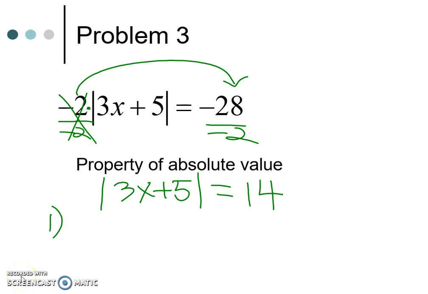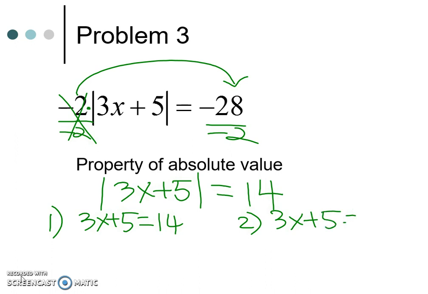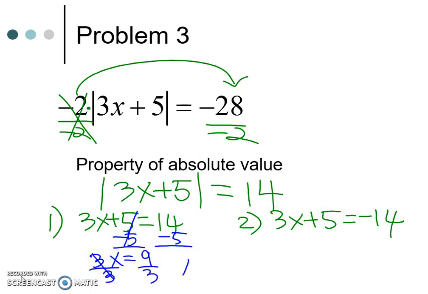So the first setup should be 3x plus 5 equals 14. Second setup should be 3x plus 5 equals negative 14. So we're going to subtract 5 on each side. 3x equals 9, divided by 3, x equals 3.